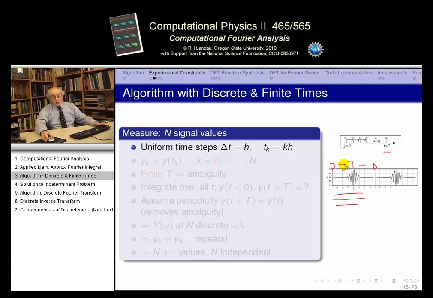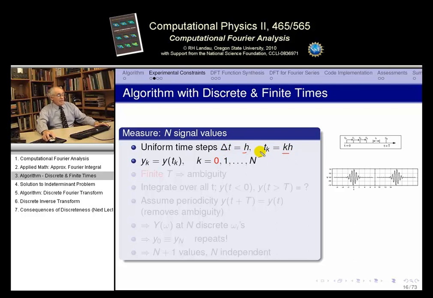Fine. As it turns out, essentially, once we've done the mathematics, the mathematics is going to force us to have this function repeat again and again. So if you don't like it repeating, well, then you just measure for 0 for longer times, then it doesn't repeat till next Tuesday or something, and you're fine. Okay? So that's what we have. We have uniform time steps, uniform, always the same h value.